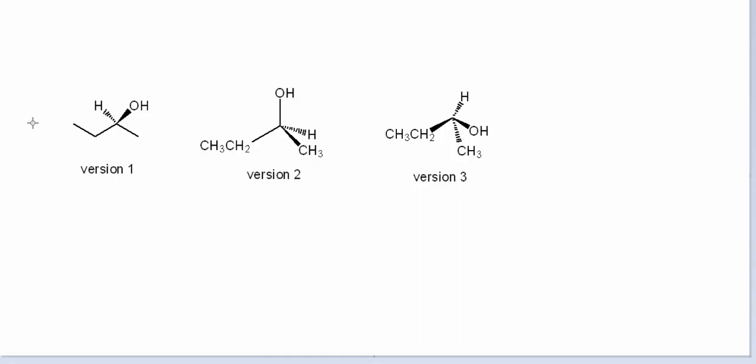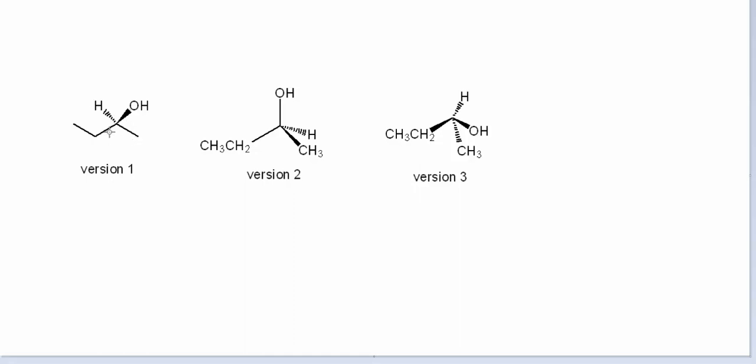The first drawing, calling it version 1, is a 3D wedge drawing of an alcohol. The chirality center is the carbon attached to the hydroxyl group. The chirality center has a wedge for one of the bonds and a dash for the other bond.